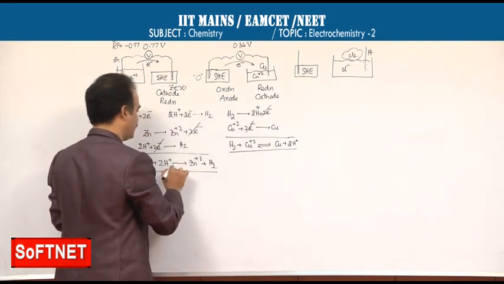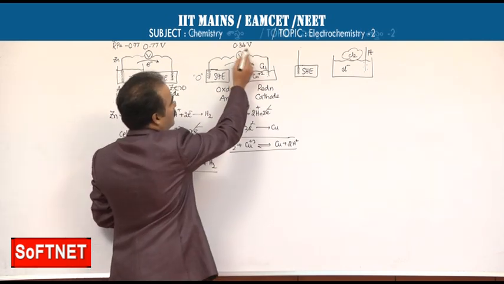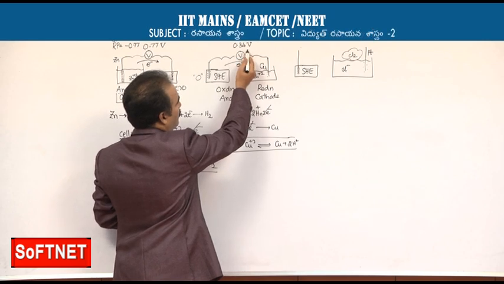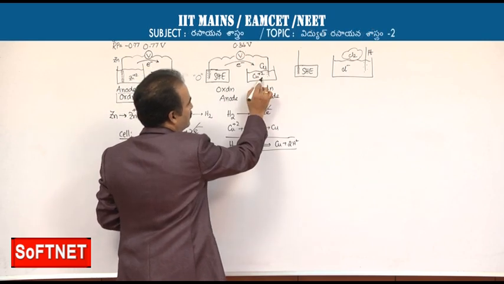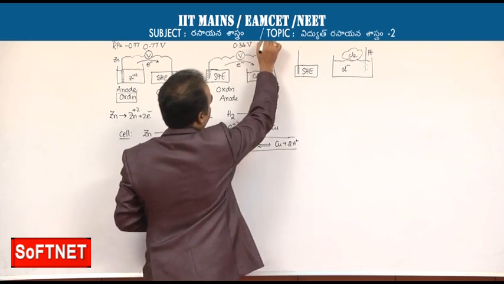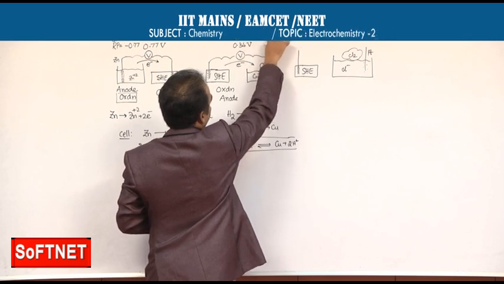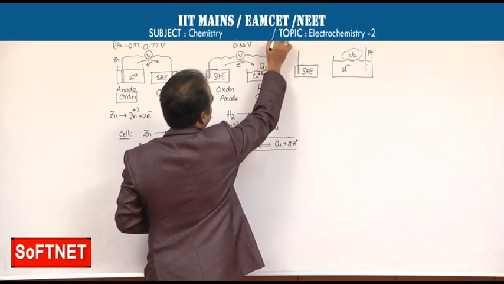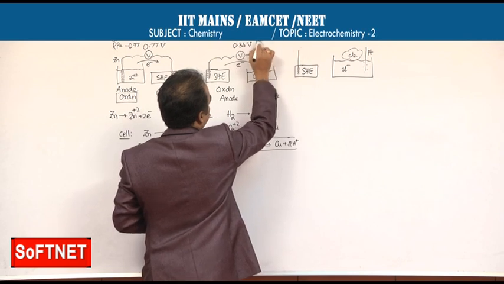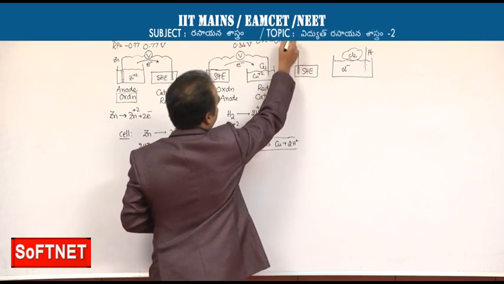So, this is the reversible cell reaction. EMF of the cell is 0.34, and this copper electrode is undergoing reduction. So, the reduction potential of this copper electrode is plus 0.34 and the oxidation potential of that copper electrode is minus 0.34 volts.